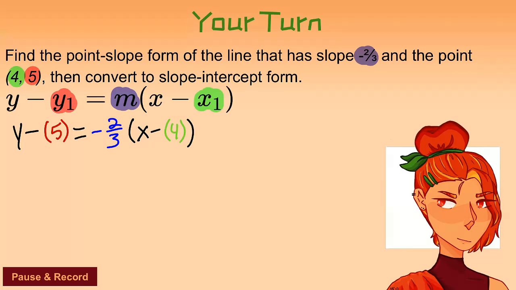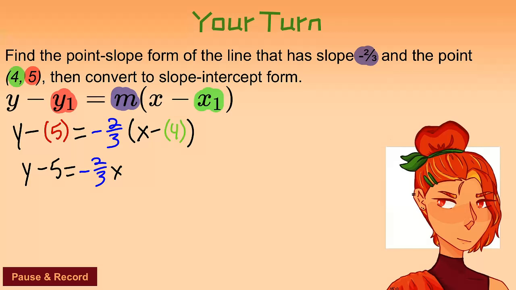It's a very handy form, to be honest. If someone says just write an equation for this line and they give you the slope and they give you a point that's not the y-intercept, then the point slope form is the easiest. But if they want you to write it in slope intercept form, then you have to do some distribution. So we have y minus 5 is equal to that negative 2/3 x.